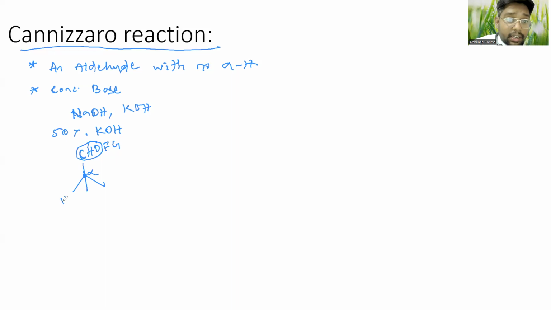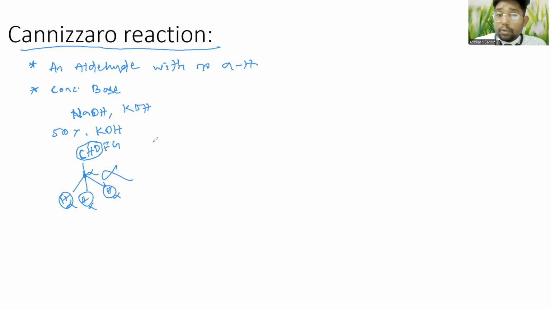Let's say three hydrogen atoms are there, as in CH3CHO, acetaldehyde. These three hydrogens are alpha hydrogens. So we don't need this type of aldehyde; we need an aldehyde which has no alpha hydrogen. So we'll not consider this particular reactant.